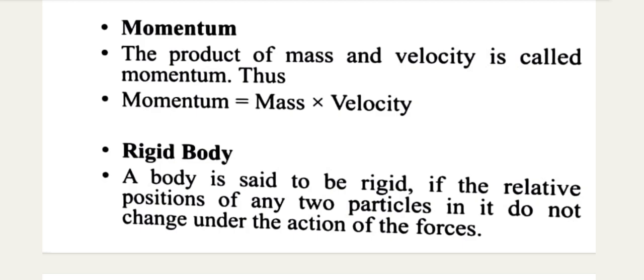The momentum is equal to mass into velocity. Next one is rigid body. The body is said to be rigid if the relative position of any two particles in it does not change under the action of the forces.